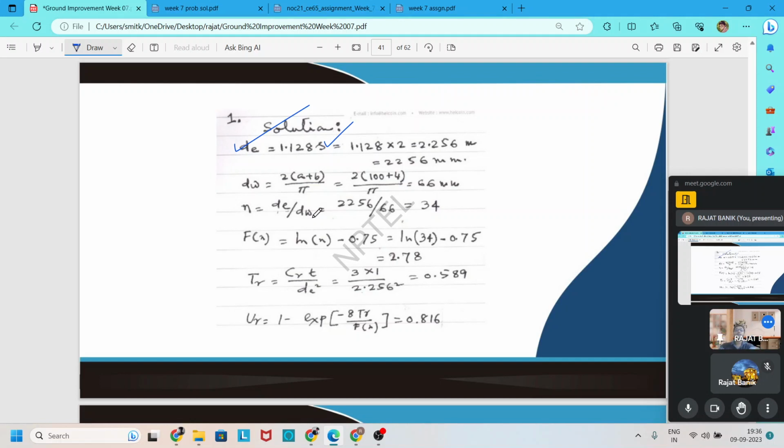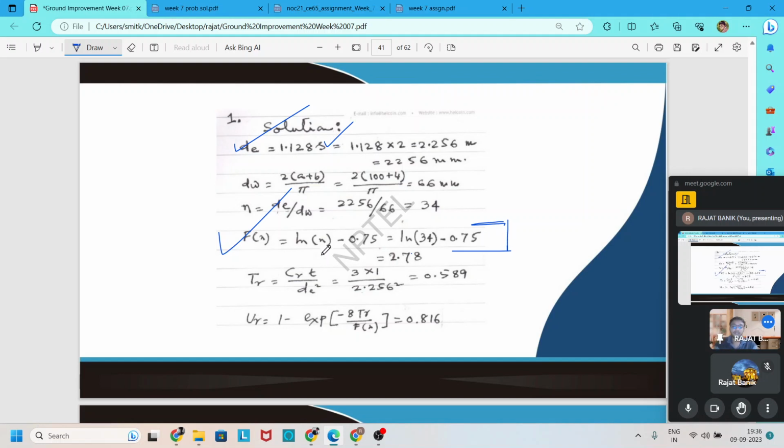After that we find out one parameter, which is n, which is nothing but dE by dW, and it comes to 34. After that, we find out the Fn for no smearing effect. That means we do not consider the smearing effect.